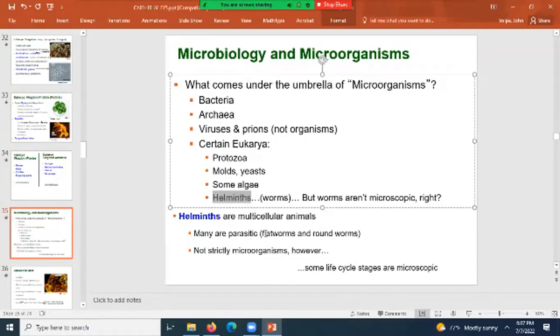When we sequence a flatworm and a roundworm, the DNA sequences will differ from each other as much as they differ from a human. So these flatworms and roundworms are not in the same group, scientifically speaking. They are as different from each other as they are different from humans. Any question about any of that?